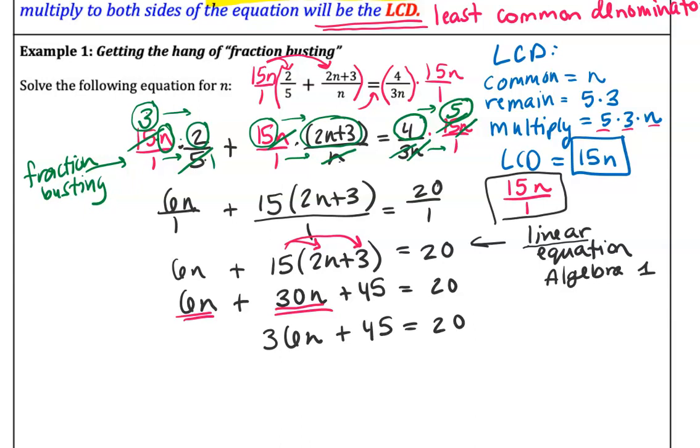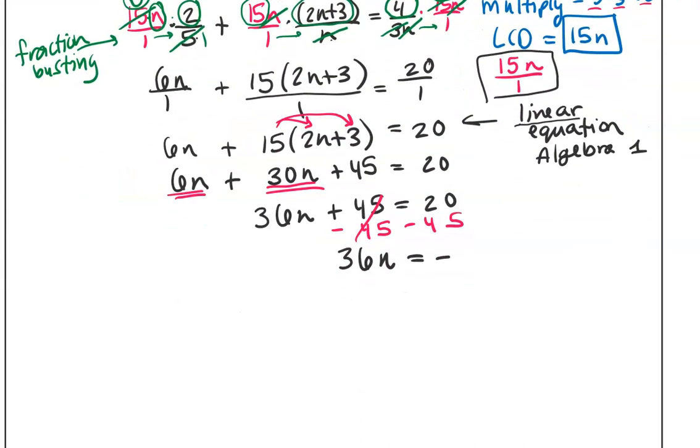And then here, I just want to move the other values away from n. So I'm going to start by subtracting the 45. And then the last thing I would do would be divide by 36.